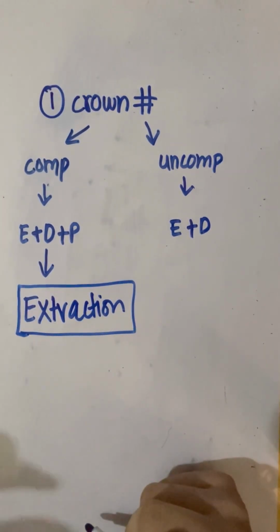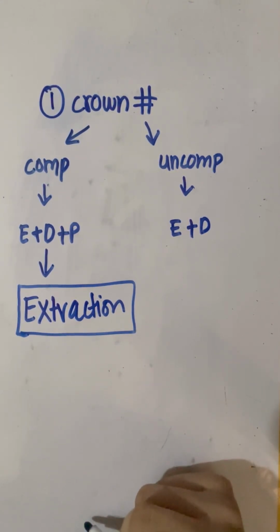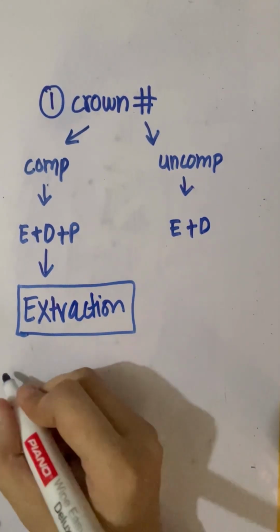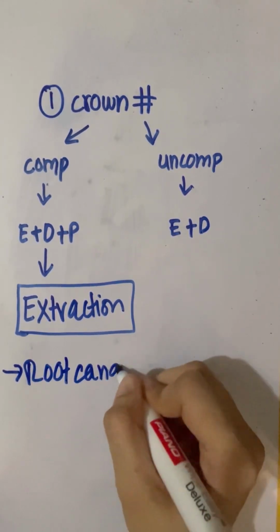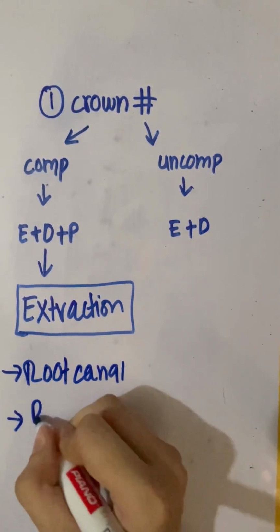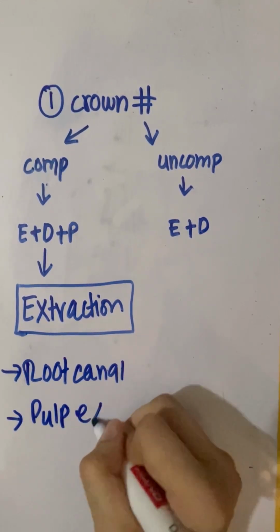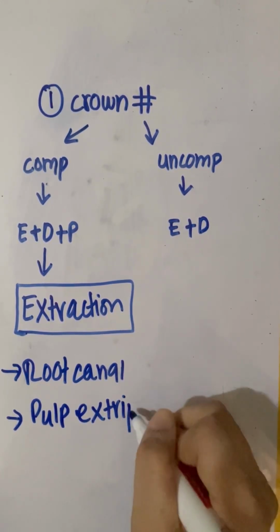But if the permanent tooth is about to erupt in 5 or 6 years, if there is a lot more time and you want to save the tooth, then you can go for root canal or pulp extirpation. You will remove the whole pulp.